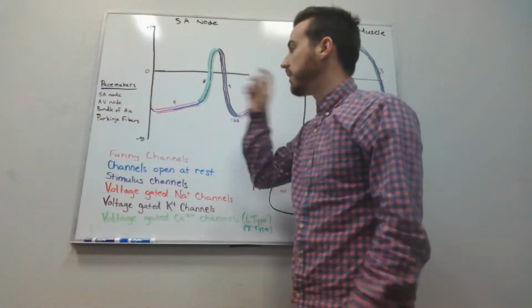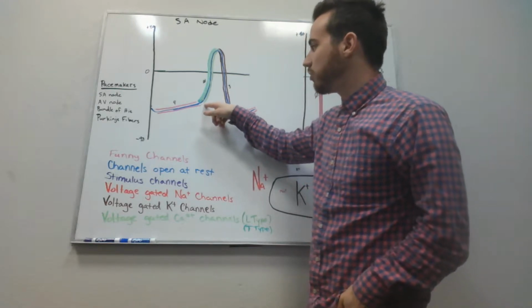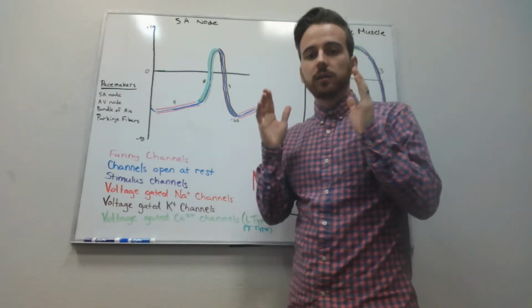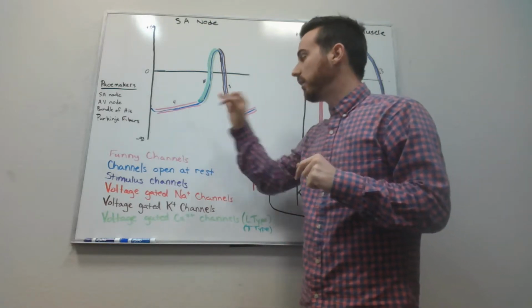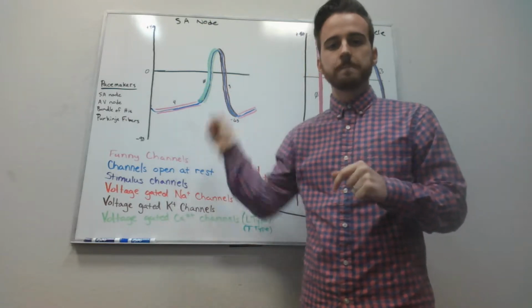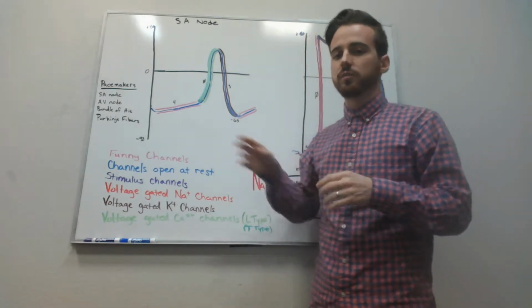Now let's talk about our pacemakers, okay? So when our pacemakers get to threshold, different from all of the other tissues we've learned and talked about so far, it's actually calcium channels that are activated, T-type and L-type calcium channels.